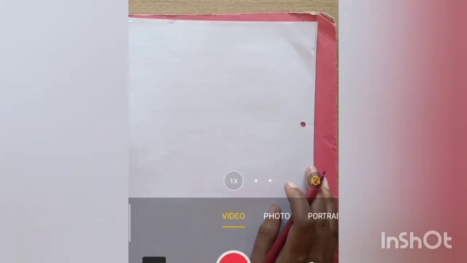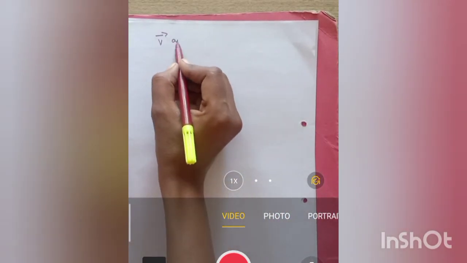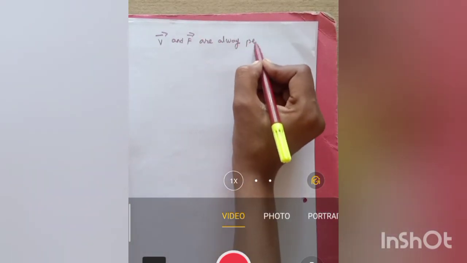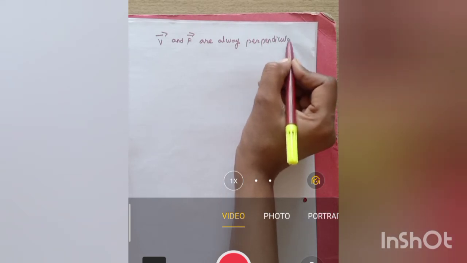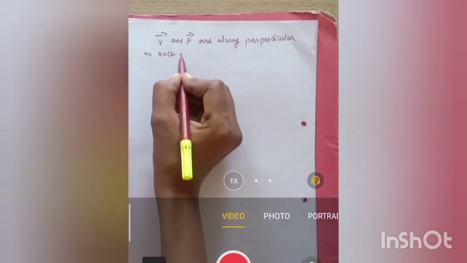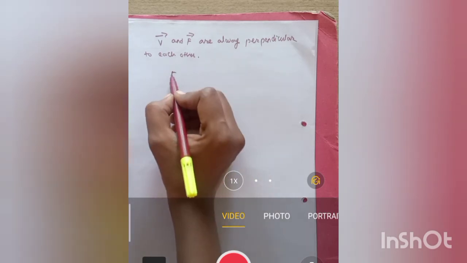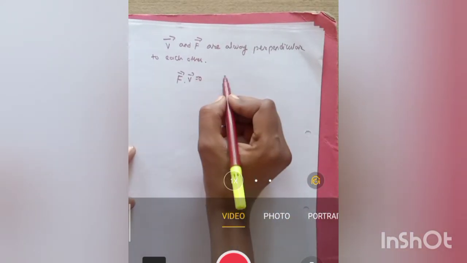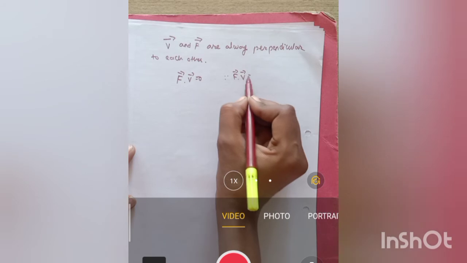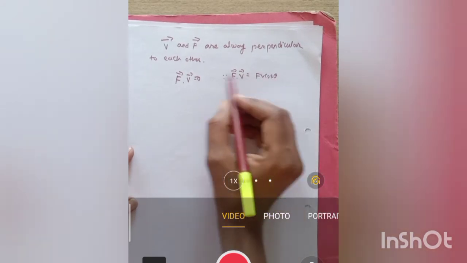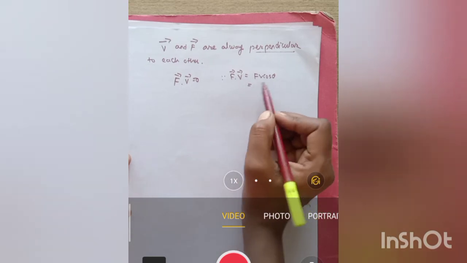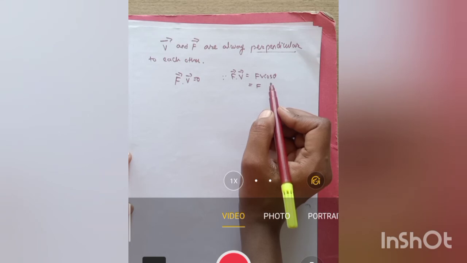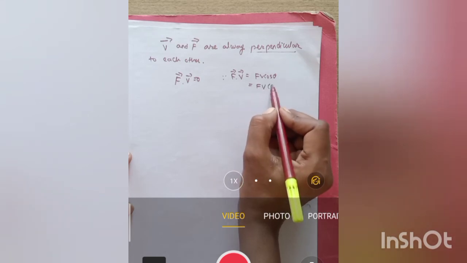So vector v and vector F are always perpendicular to each other, and therefore their dot product will be equal to 0, because F dot v is nothing but Fv cos theta, and cos 90 is 0.